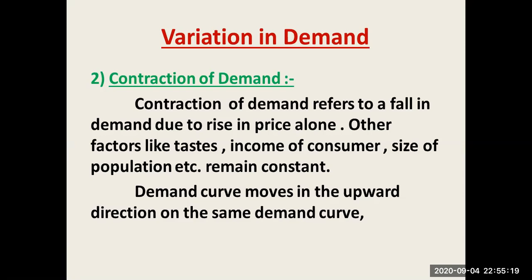If your price rises, demand will fall, with other factors constant. It's the opposite of the expansion of demand: a fall in price brings a rise in demand, other factors remaining constant, while the contraction is the reverse.